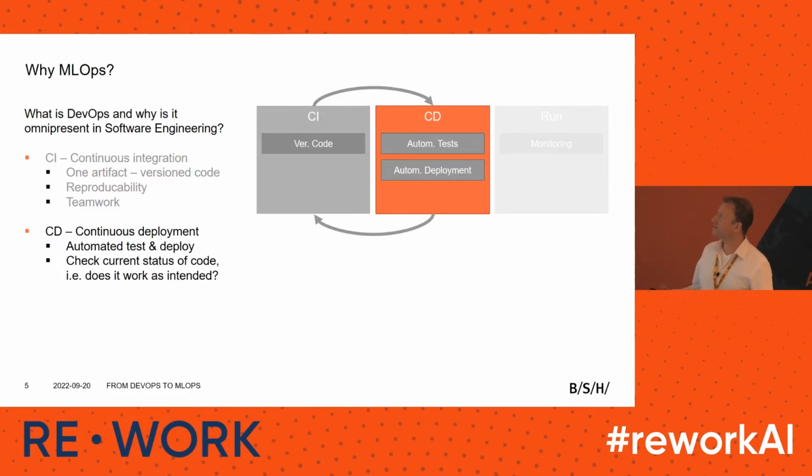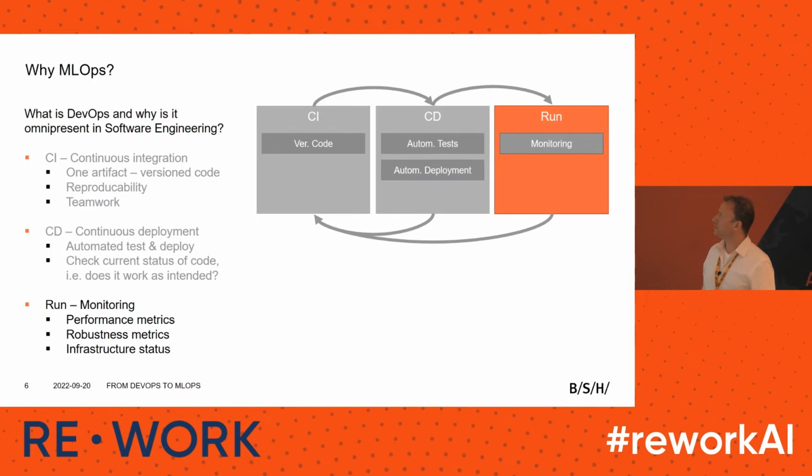The next stage is that you want to keep track of the quality of your code by writing and running automated tests, and also automate the deployment process. So essentially regularly checking the status of the code before the next iteration goes into production.